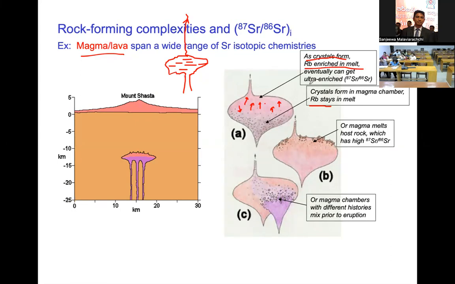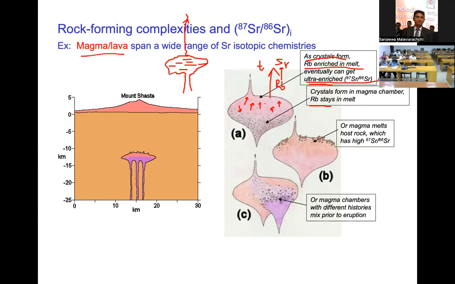So finally, because of this rubidium enrichment, if you leave it to stay for a long period of time, what happens? The enriched rubidium will produce a lot of radiogenic strontium. Okay, so with time, this rubidium enriched melt will show a very highly enriched strontium composition, because a lot of rubidium was there initially, and with time it converted into strontium isotopes.